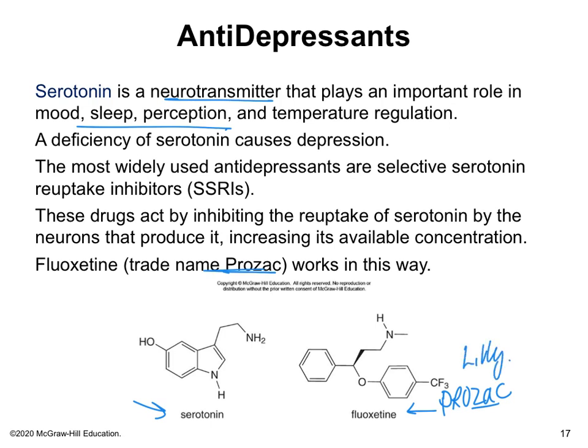A first of its class usually makes a lot of money, and it is an SSRI right here, which is a selective serotonin reuptake inhibitor. So when serotonin is released, fluoxetine will go in and block those receptors so it doesn't get reuptaken. And so therefore, whatever amount is released of serotonin stays released.